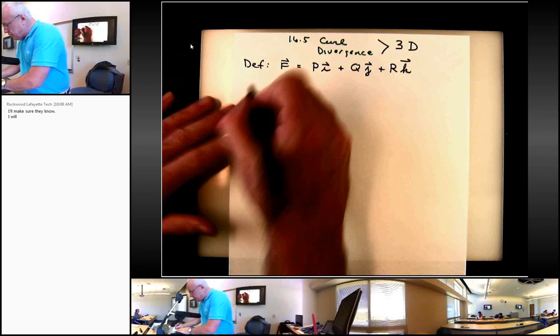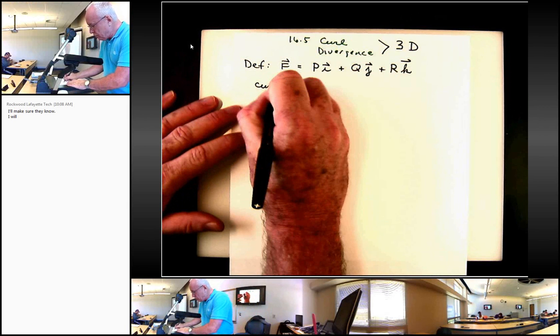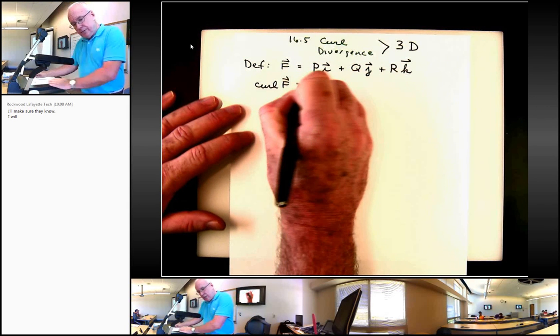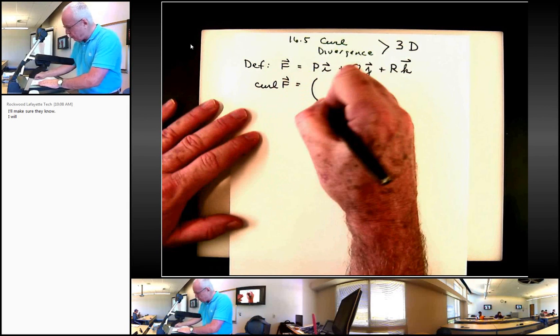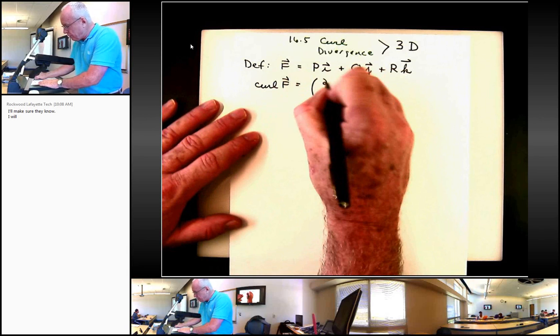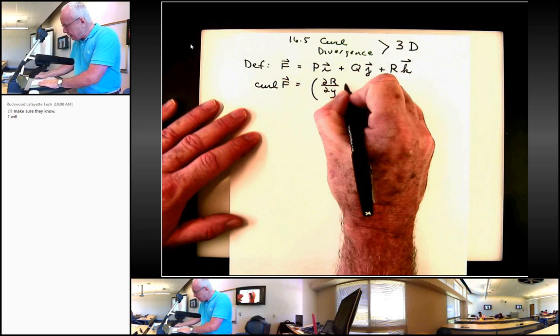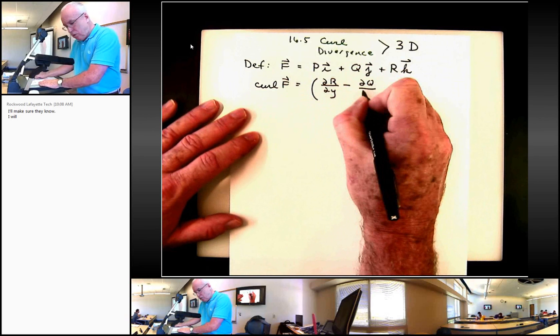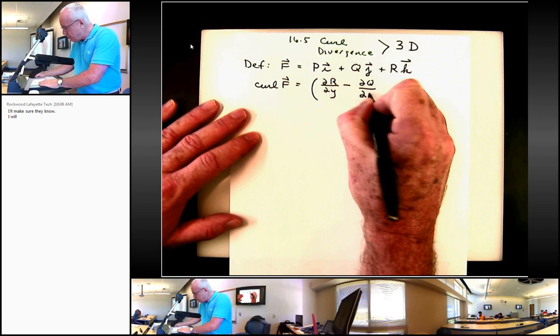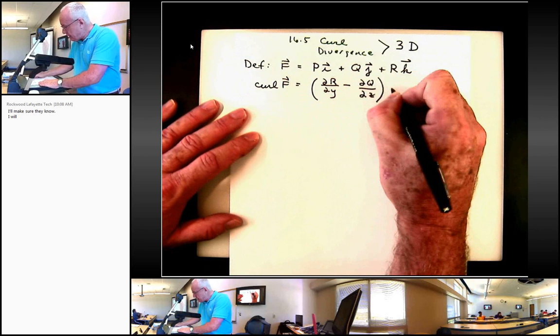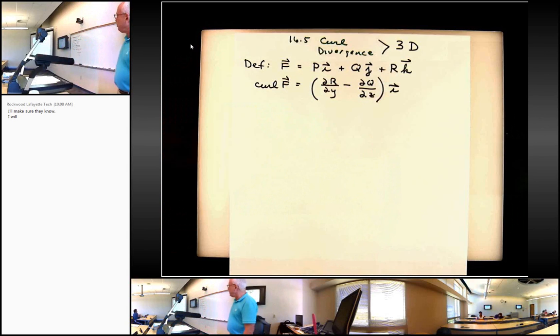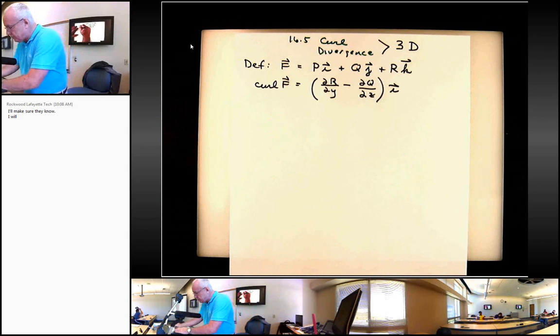The curl is defined like this. The curl of F is equal to, and it's a big long formula, the partial derivative of r with respect to y minus the partial derivative of q with respect to z, close parentheses, and this is the i component. We get a vector.